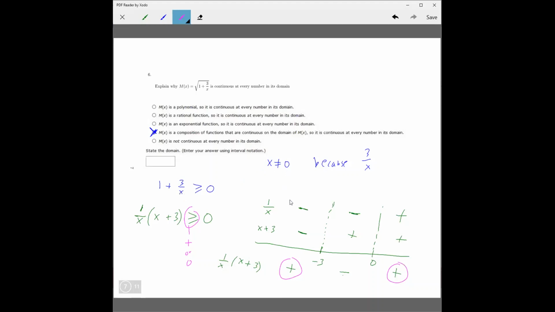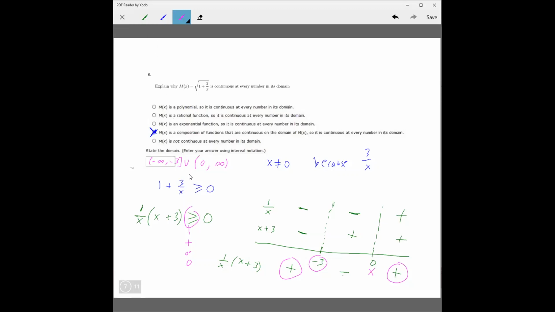So 0 is excluded, -3 is included. Okay, so your answer is going to be from negative infinity to -3, including the -3, and then union 0 to infinity, excluding the 0.